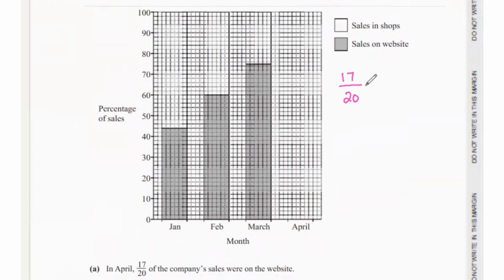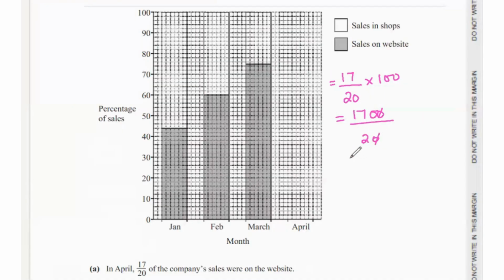17 over 20 times 100, because the y-axis is the percentage of sales. Now to multiply a fraction with a whole number, we can multiply 17 with 100, which is 1700 over 20. When you're dividing numbers, you can always cancel the 0 out as long as it's a trailing 0. You can only cancel one 0 at a time.